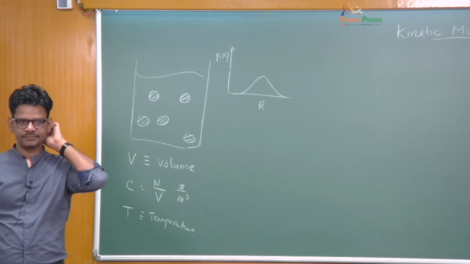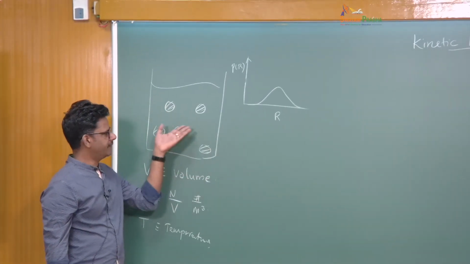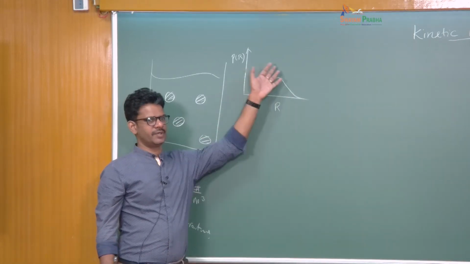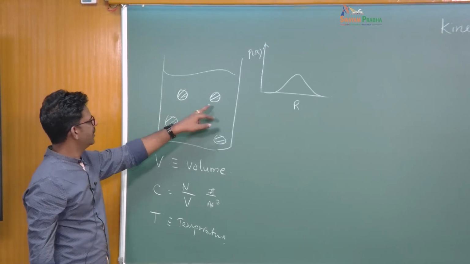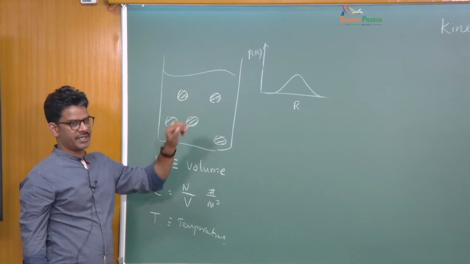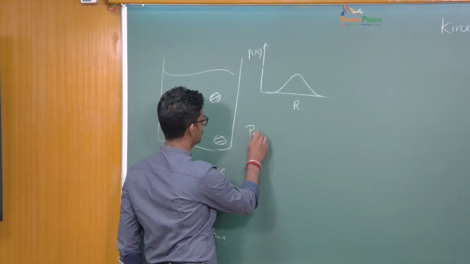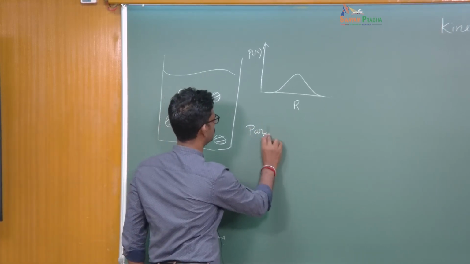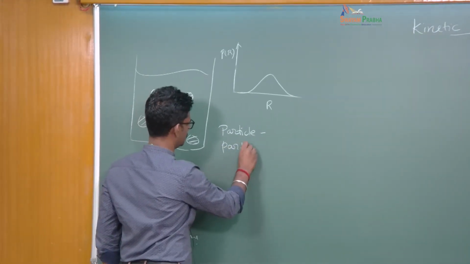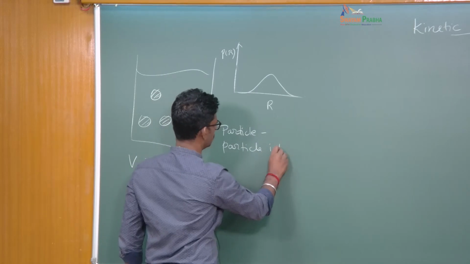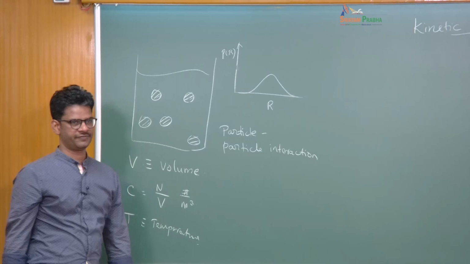So what we are asking is, at time t equal to 0, I have a solution containing particles having this particular size distribution, and you can also specify more things. For example, you can say what is the nature of interaction between these particles, if you like.